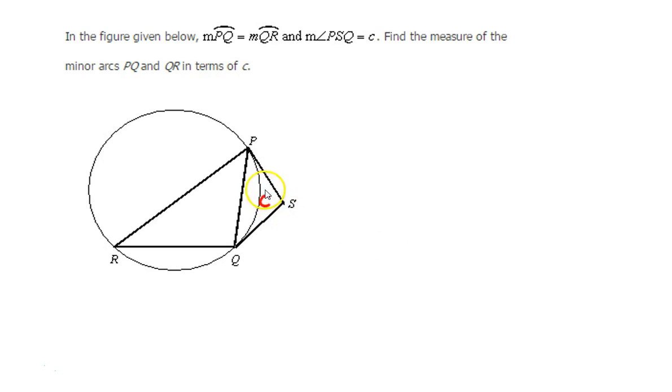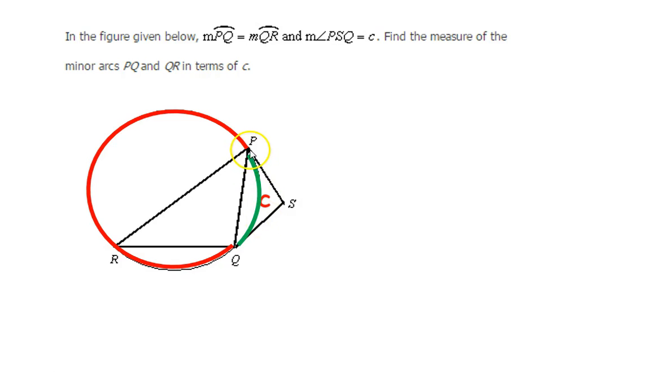So what that means is that this angle C is equal to this red arc right here, because that's being intercepted by the two rays, and this green arc. These are the two arcs that this angle outside of the circle has separated the circle into. So this angle C is going to be equal to the red arc minus the green arc divided by 2. That's how big angle C is.